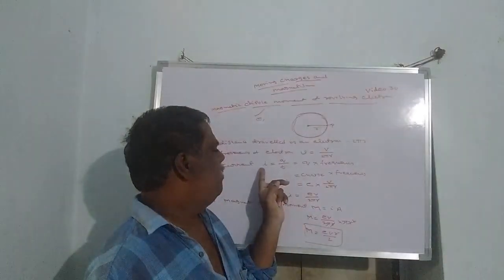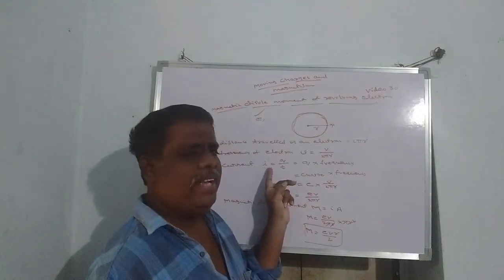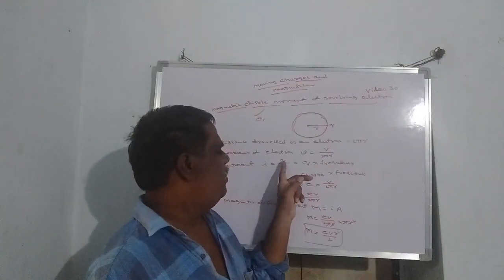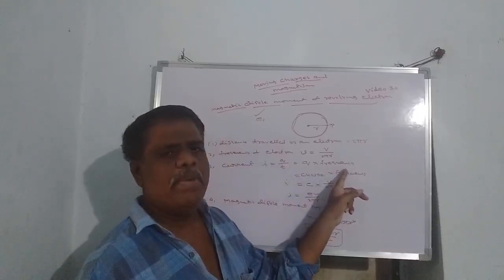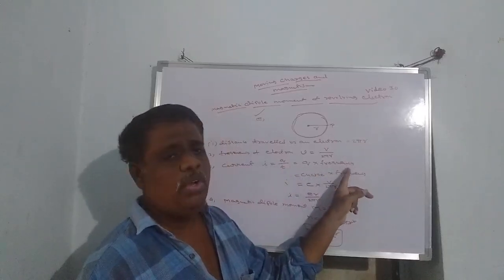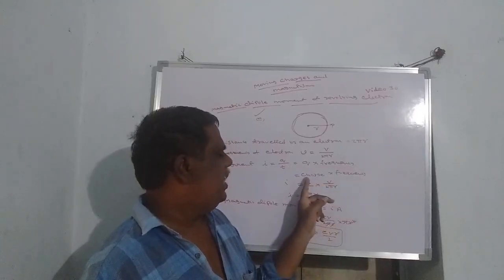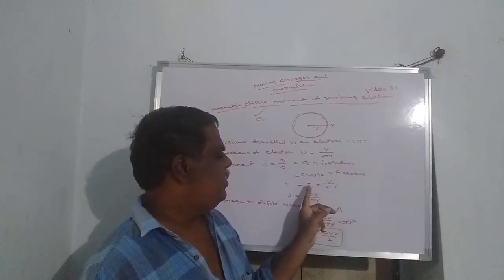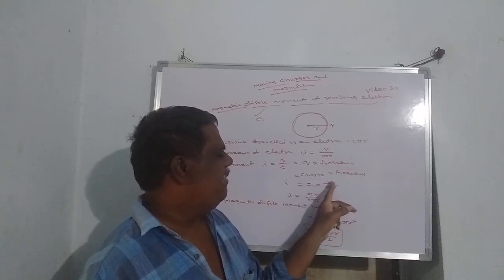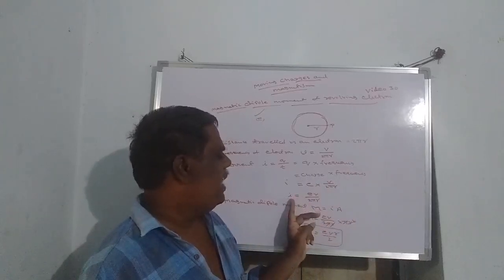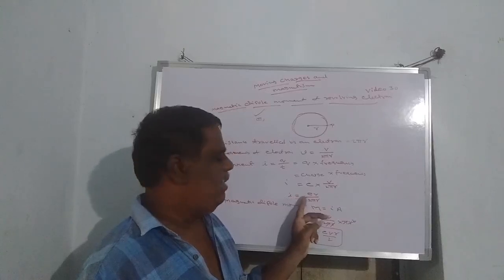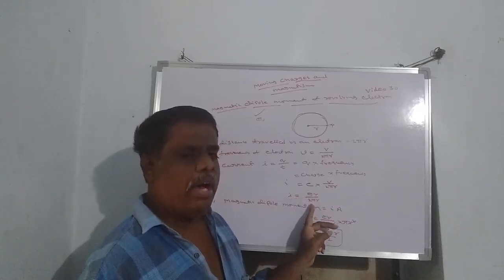So current produced by this revolving electron, I is equal to charge by time. Reciprocal of time is nothing but frequency. Charge into frequency. Charge should be denoted with e. Frequency should be equal to v by 2 pi r. Therefore, current produced by the revolving electron will be equal to ev by 2 pi r.